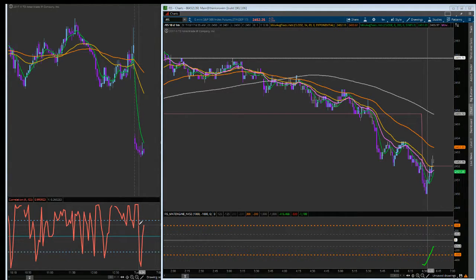Now the way to trade that is as the red line comes back up to the top, then as it gets to the top, the direction that the price is going at that moment, that's where the trade direction or trade opportunity is.